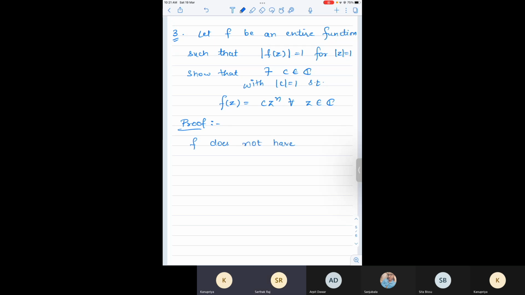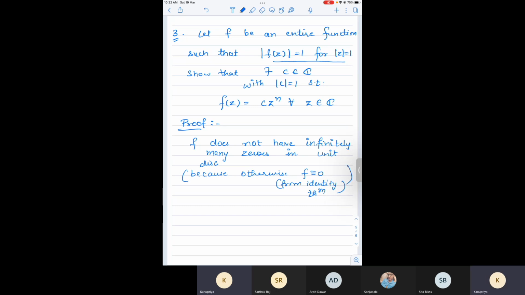By identity theorem, it will reduce to the zero function, and then this thing will not be true. Is it fine?